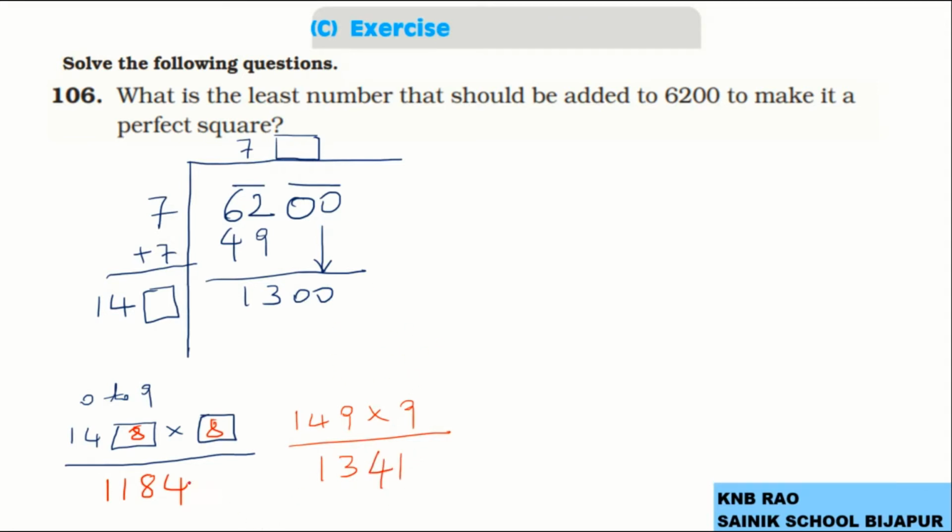So here 1184 is less than 1300 and 1341 is more than 1300.